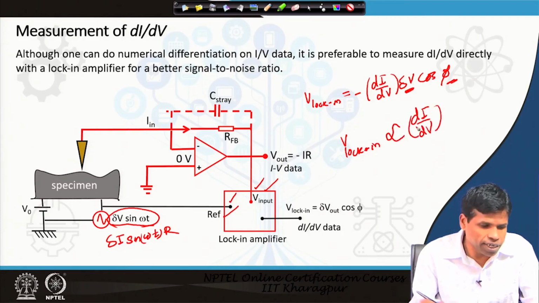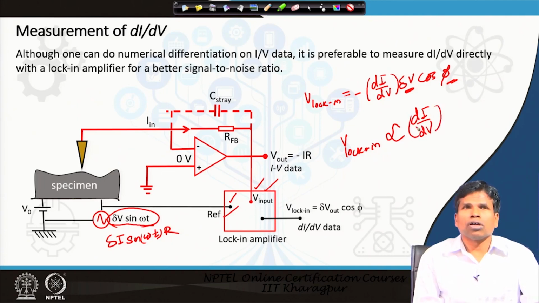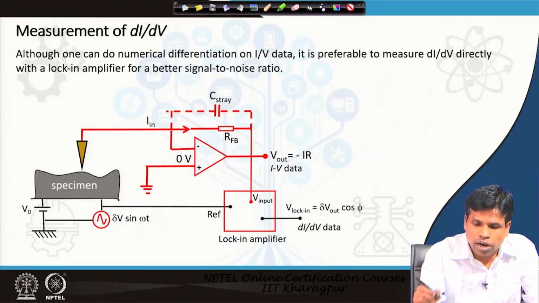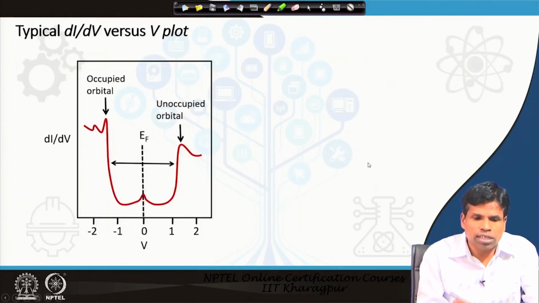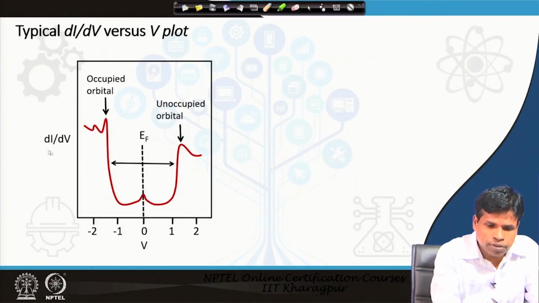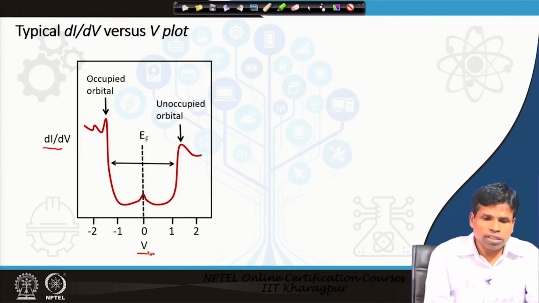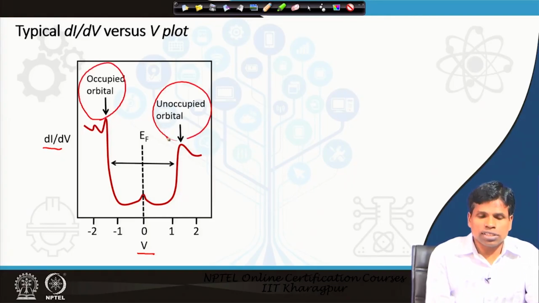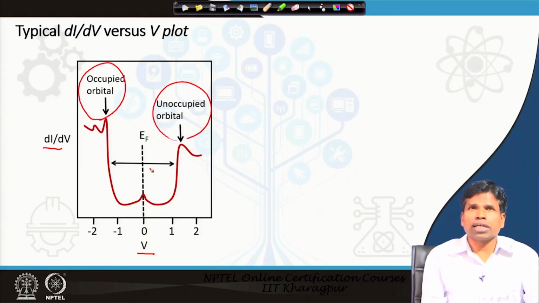So, this dI/dV data can be utilized for spectroscopic purposes to measure the local density of states. Here, dI/dV is plotted versus voltage. You can see the occupied orbitals and the unoccupied orbitals. This also provides the band gap of the sample, giving the energy gap or forbidden gap of the sample.